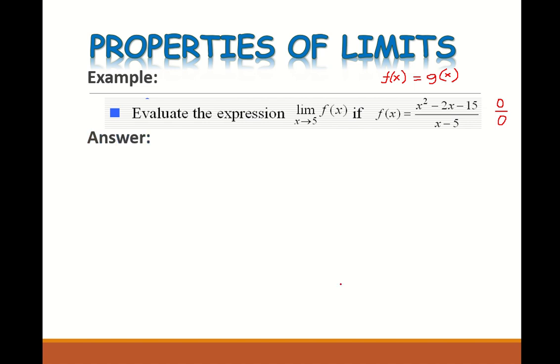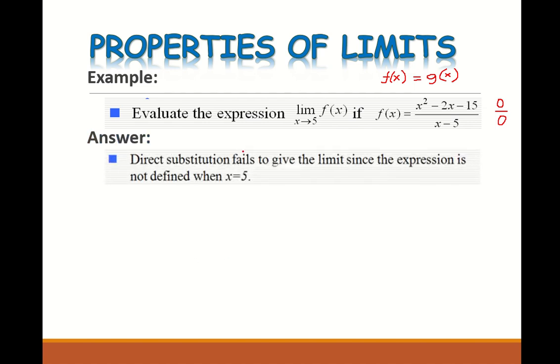So the answer here is that by direct substitution, we can see that it fails. It will give us 0 divided by 0. So direct substitution fails to give the limit since the expression is not defined when x equals 5, right? If you have denominator 0, even if only the denominator is 0, that makes the expression undefined.